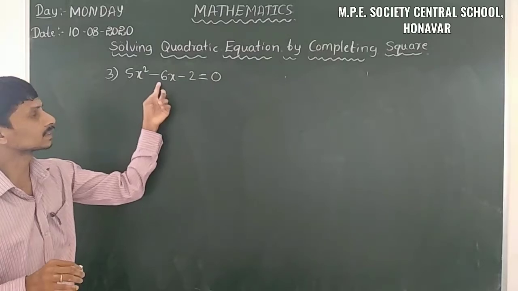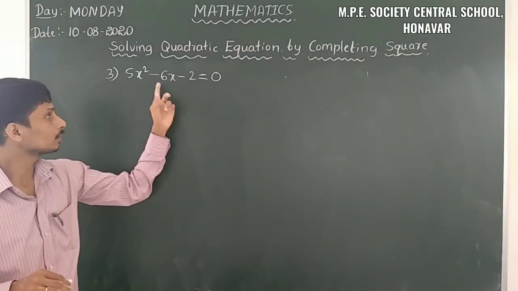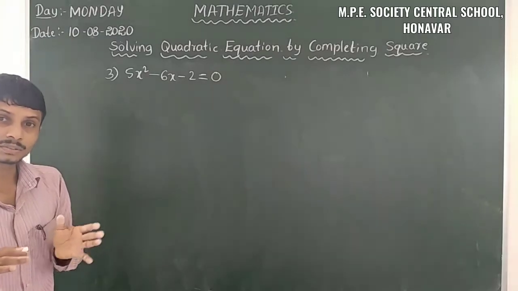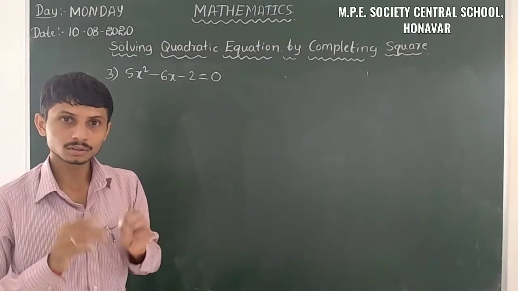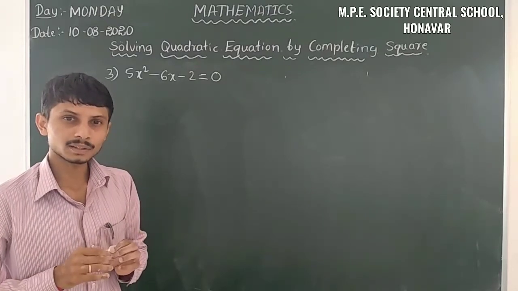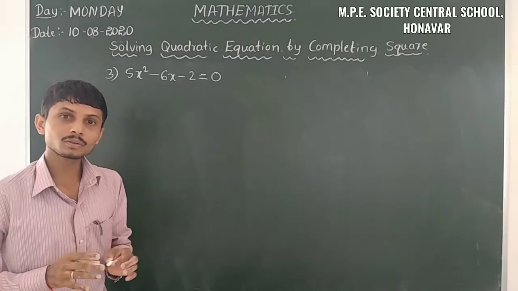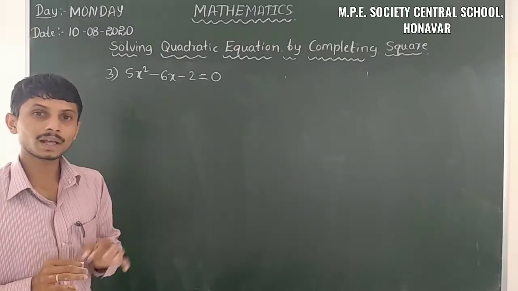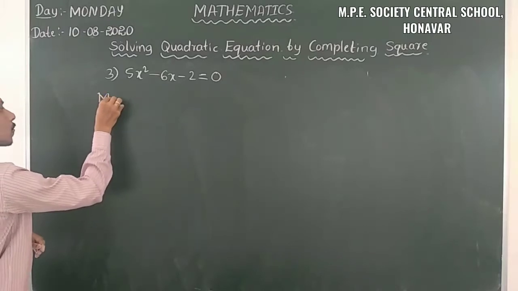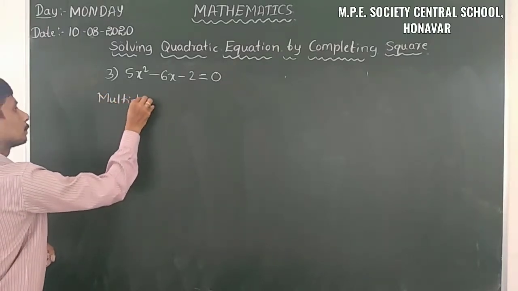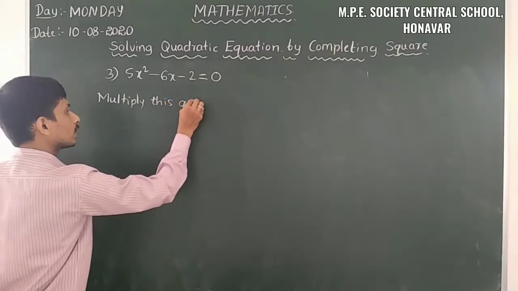But we just have to observe. Here 5 is there, here 6 is there. So when we multiply with 5, we can check whether there are chances to directly convert it into the form of 2ab or not. So here we have to multiply this quadratic equation by 5.